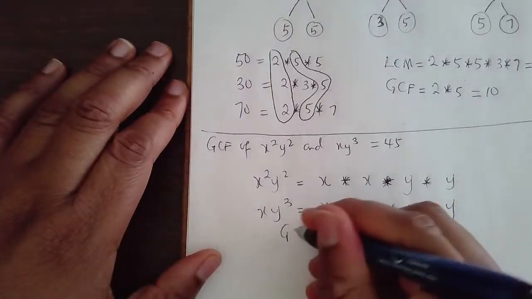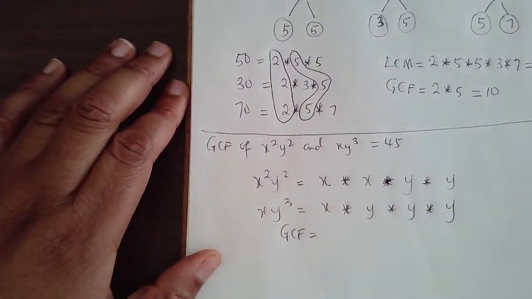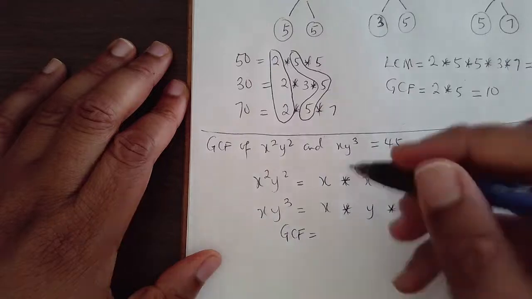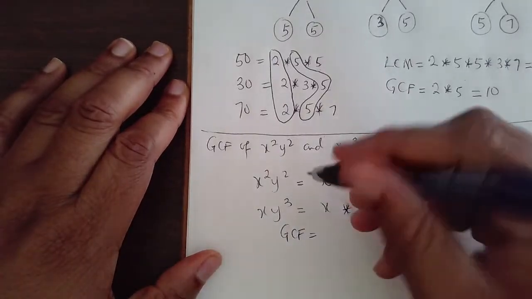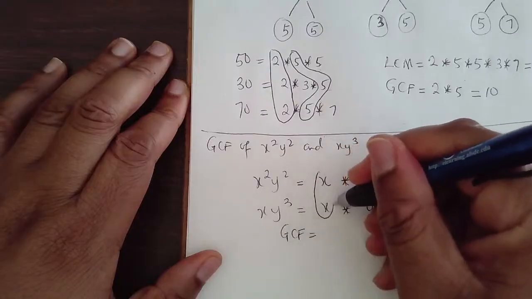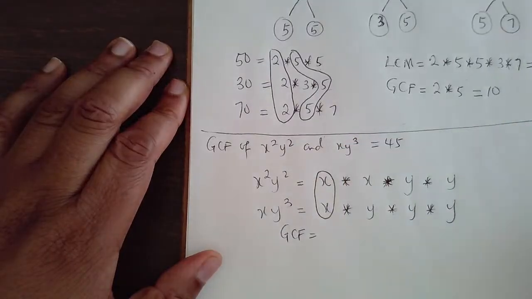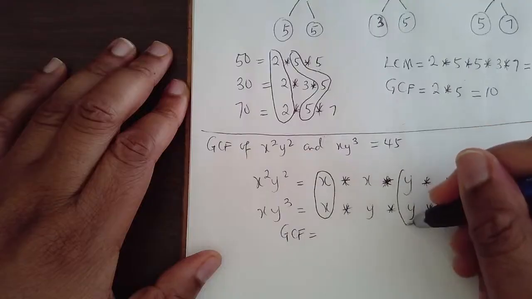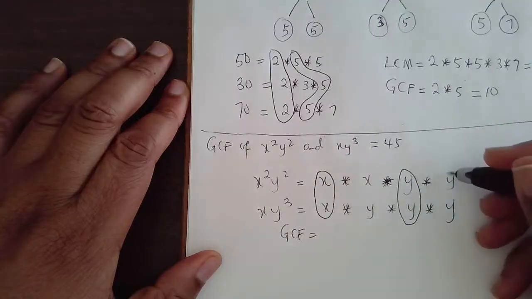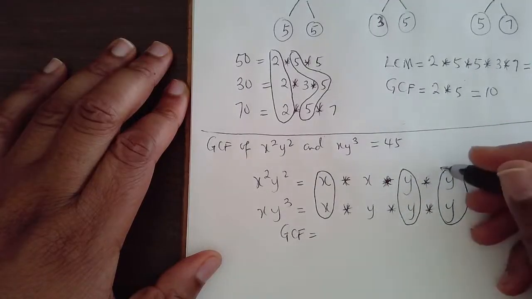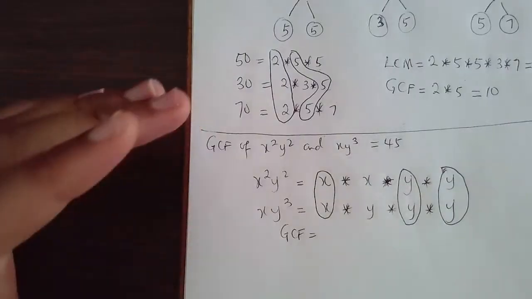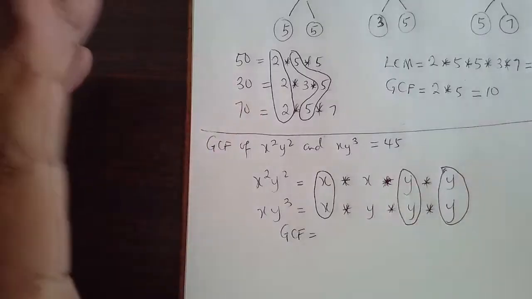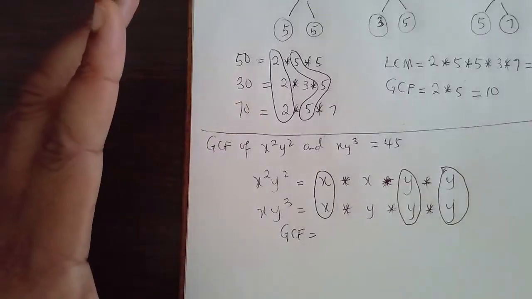So we're looking at the GCF, greatest common factor. Let's get the common factors. x is a common factor, y is a common factor, y is a common factor. But they want the greatest common factor, so we multiply all the common factors.